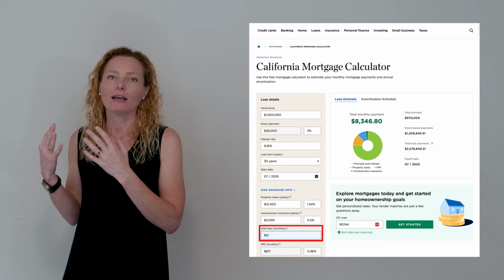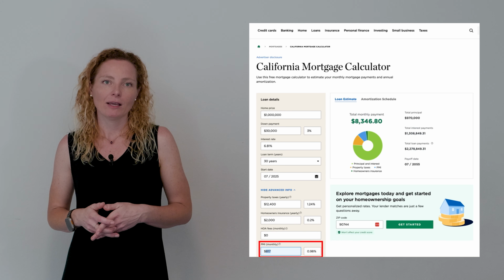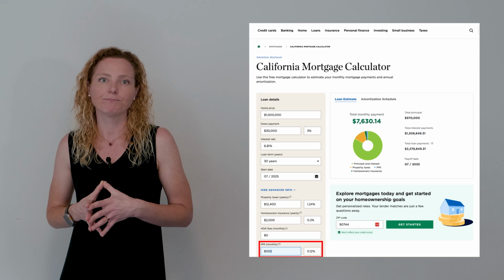PMI stands for Private Mortgage Insurance, and it's required on any loans where your down payment is less than 20%. I'll do another video specifically on PMI, but what you should know is that the monthly PMI payment is typically less than $100 a month. It depends on your loan and your insurer, but let's go with $100 a month for this example.